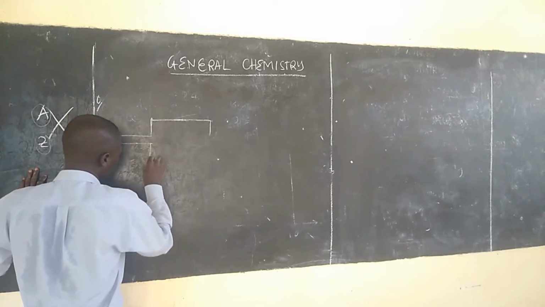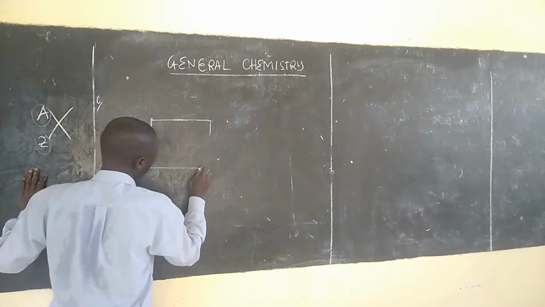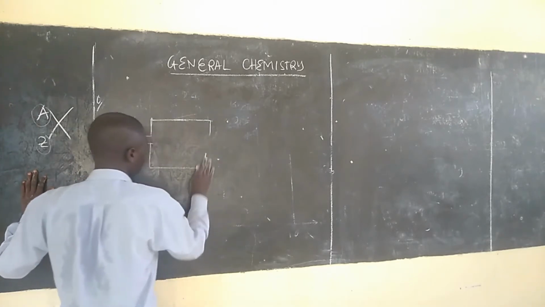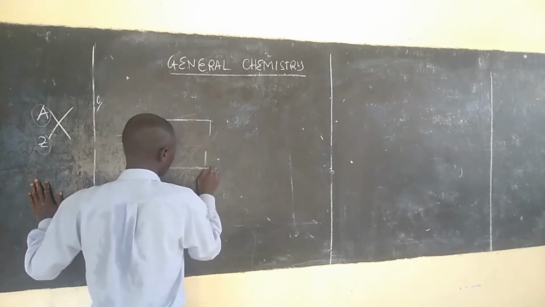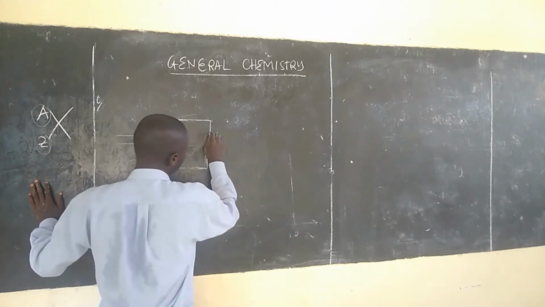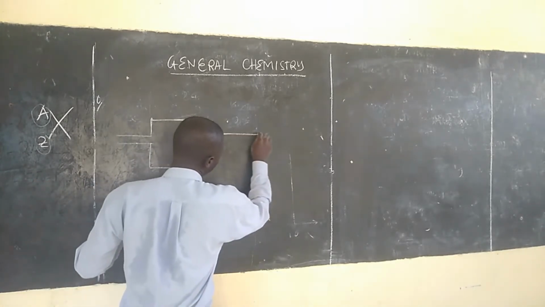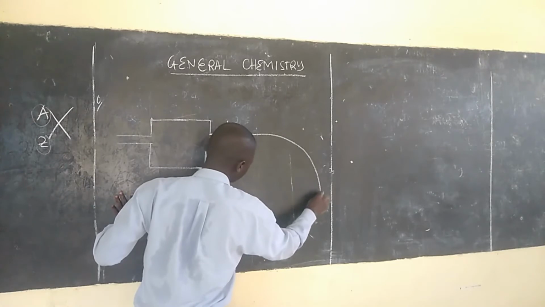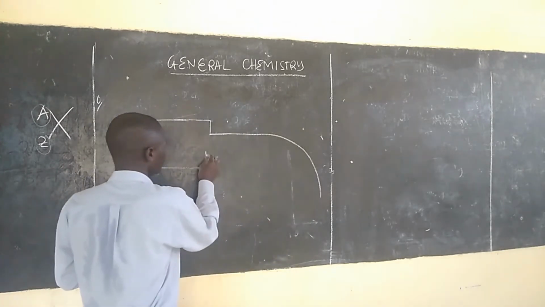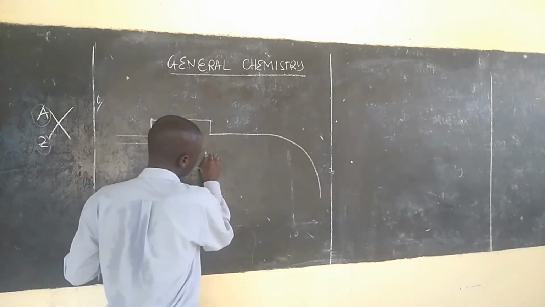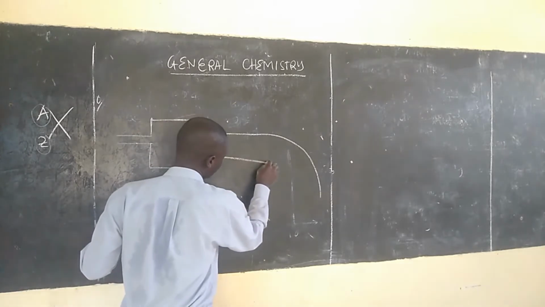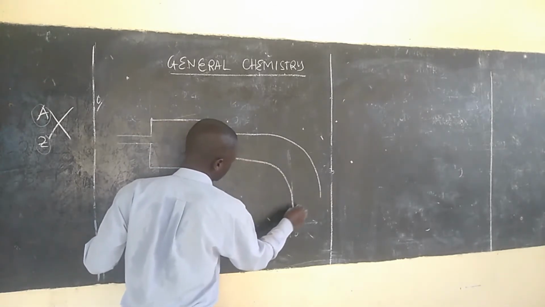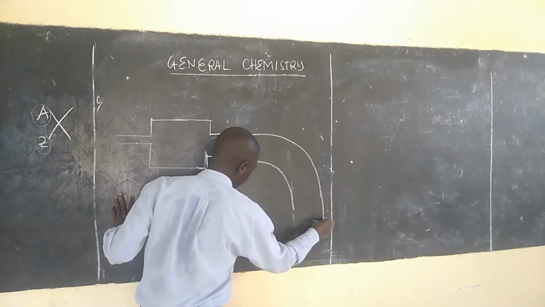From the ionization chamber, I will have the plates. Here you will have this one, which will go this way, and then you will bend. And then here you will have this one, which also will go this way, and then it will bend like this way.